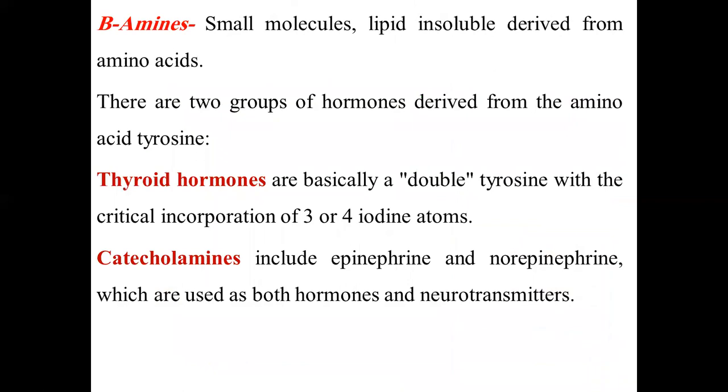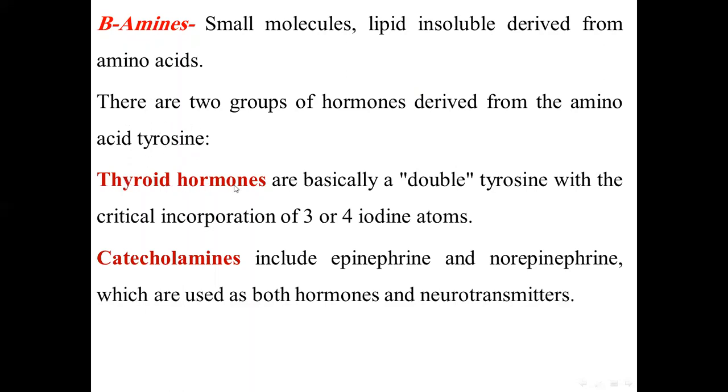Yes, we have the second type of hormone according to the chemical structure. We have amines. Amines are small, lipid-insoluble molecules derived from the amino acids. There are two groups of hormones derived from the amino acids. We have tyrosine, which is an amino acid.